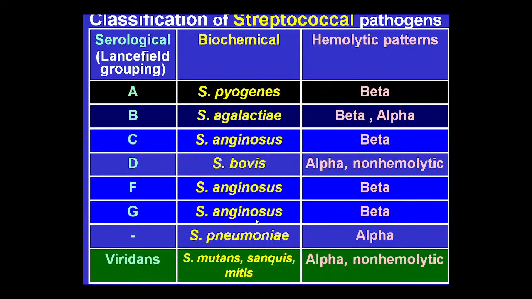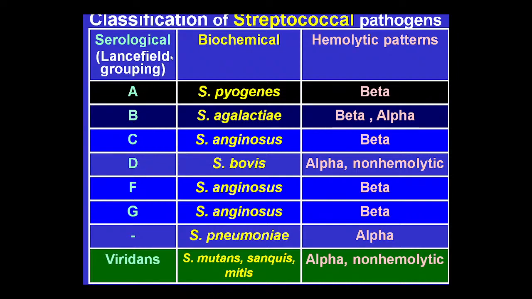From the very beginning, I would like to underline that the basic way of streptococci classification is not biochemical properties. The basic way is serological classification, or so-called Lancefield grouping. You can see here the names of some groups.